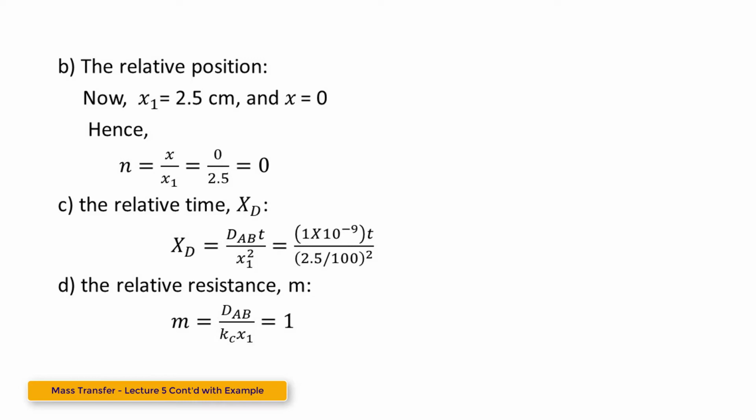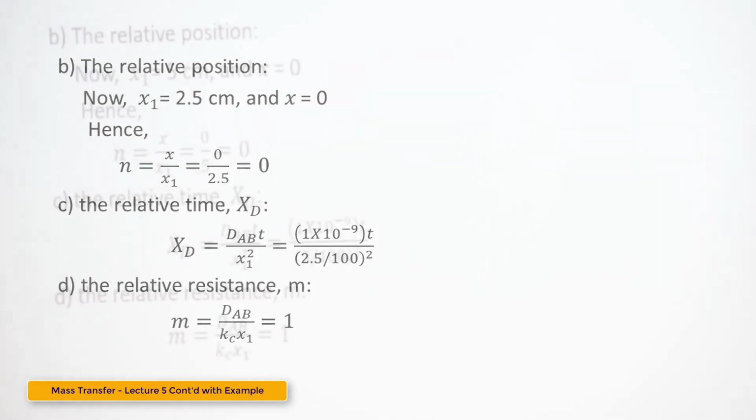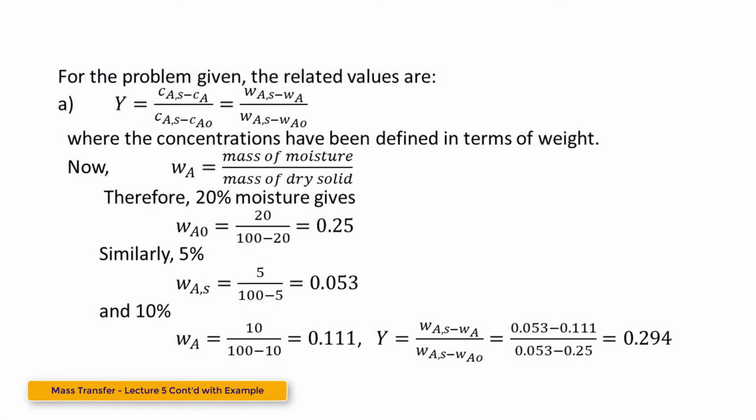You put the diffusivity, which is given. X1 once again is 2.5 instead of 5, and then m is equal to 1. So we have these values. m is equal to 1, n is equal to 0. We have 0.294 for Y, and we have this value for Xt.